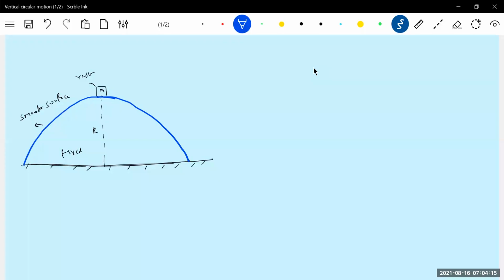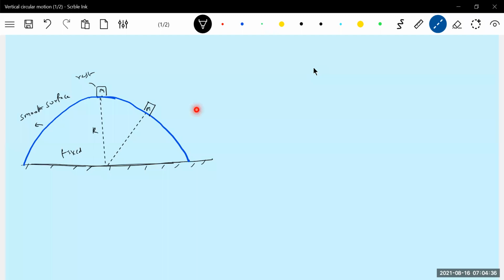Somewhere when it arrives at this particular position, now it is going to leave the circular path. Why it will leave the circular path is what we need a basic idea.